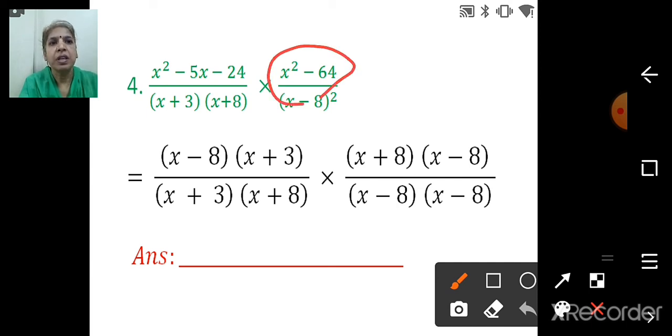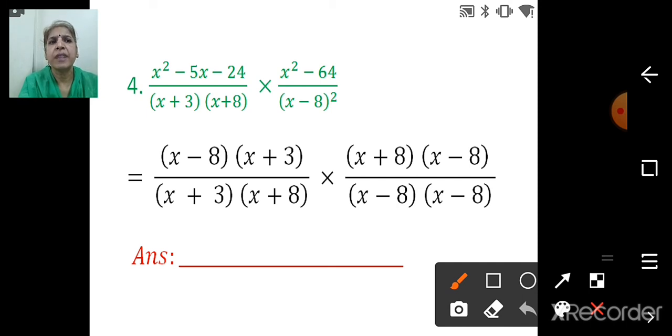Now in the numerator, x square minus 64, based on the formula a square minus b square. So x square is the square of x, 64 is the square of 8. So (x plus 8)(x minus 8). And here the denominator is (x minus 8) the whole square. You don't have to expand, just write (x minus 8) multiplied by (x minus 8).